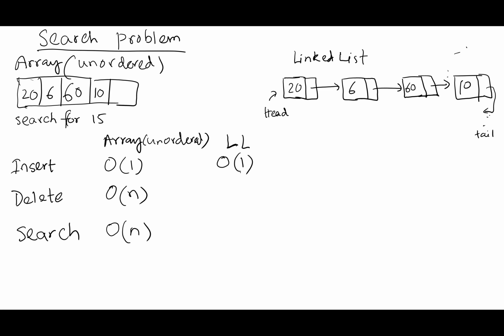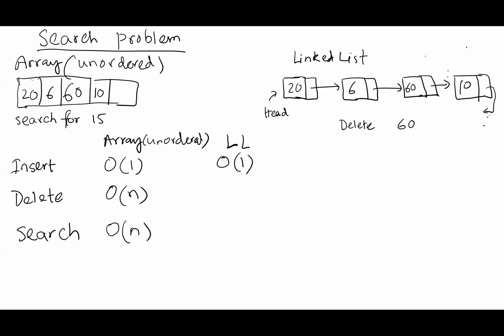But the deletion can be challenging. Say someone says delete 10 or delete 60. This is not a random access data structure like an array. In an array, we knew the index, so we could just jump there.